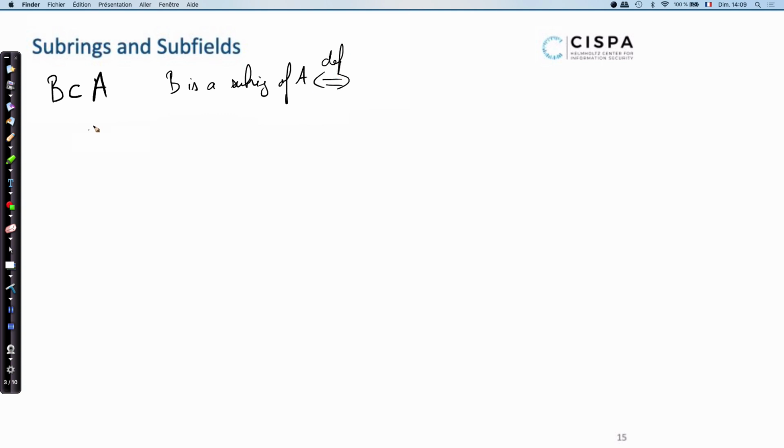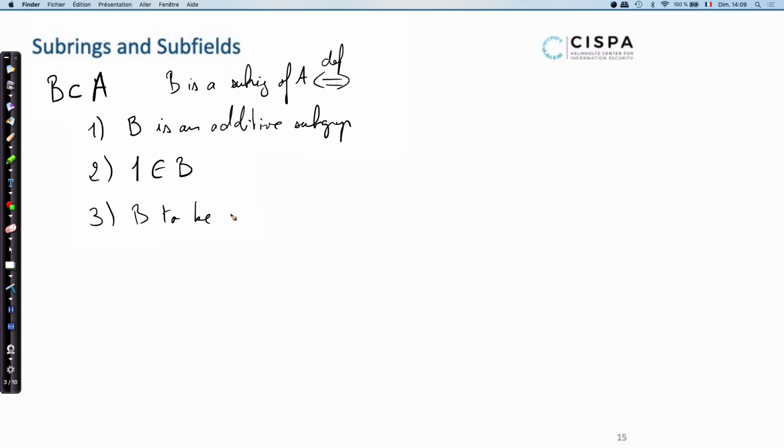So first, we look at the group structure. So B should be an additive subgroup. Second property, we want 1 to belong to B. And third property, we want B to be closed by multiplication.